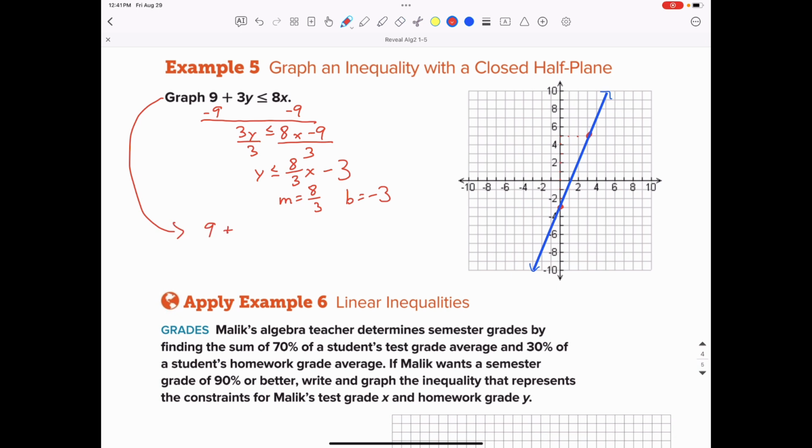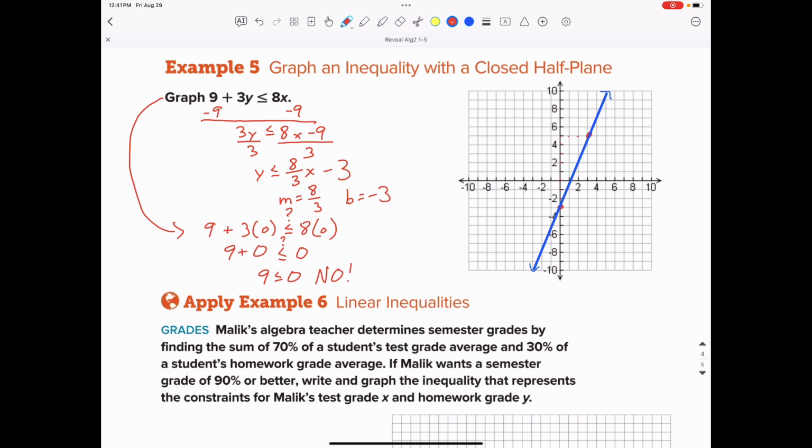So we're going to test: is 9 plus 3 times 0 less than or equal to 8 times 0? 3 times 0 is 0, and 8 times 0 is also 0. So I have 9 plus 0, is that less than or equal to 0? 9 plus 0 is 9, and this is not true.